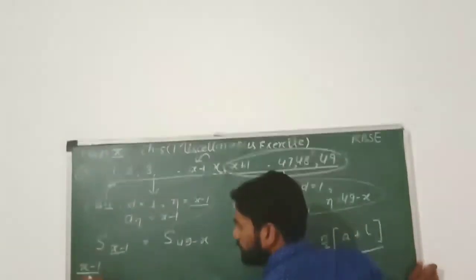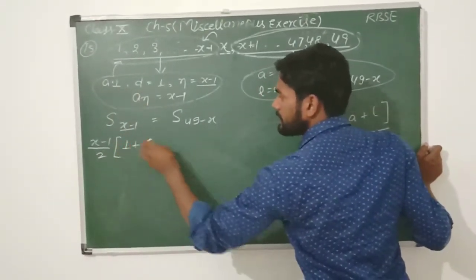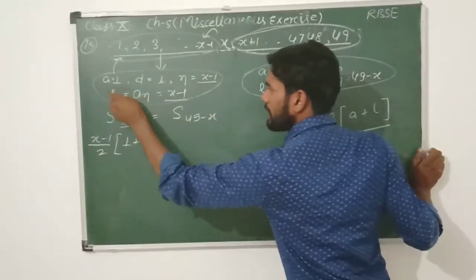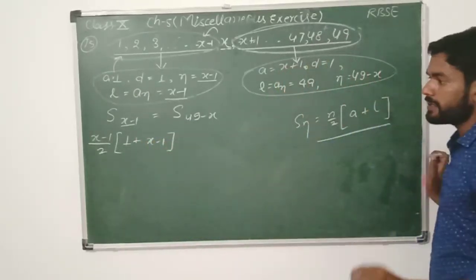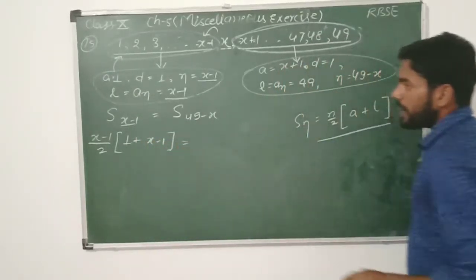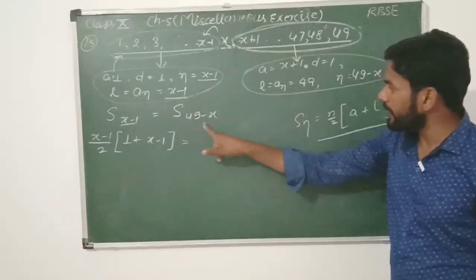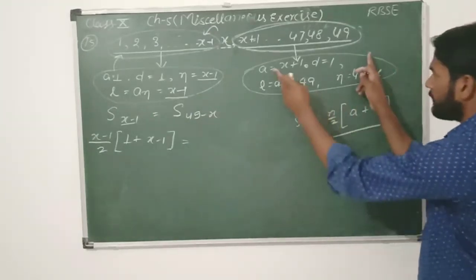So n is x minus 1 upon 2, a is 1, plus l, the last term, which is x minus 1. Am I right? Next, in this case the value of n is equal to 49 minus x.